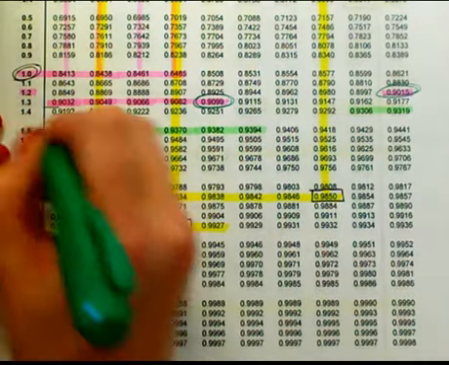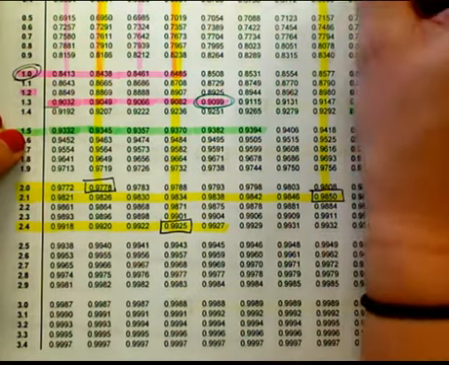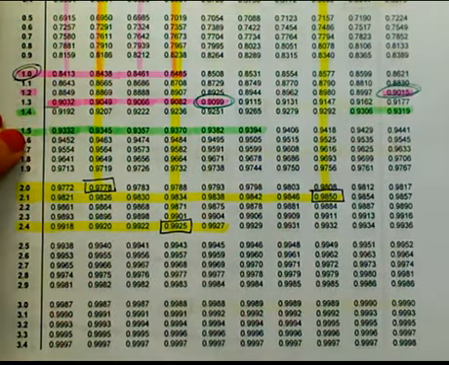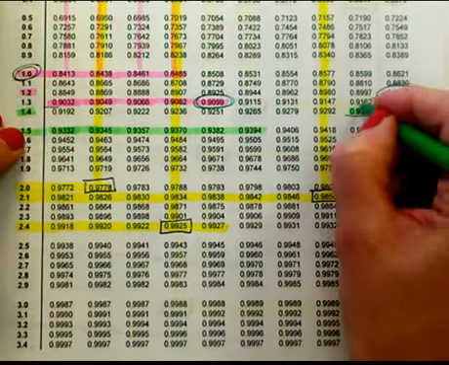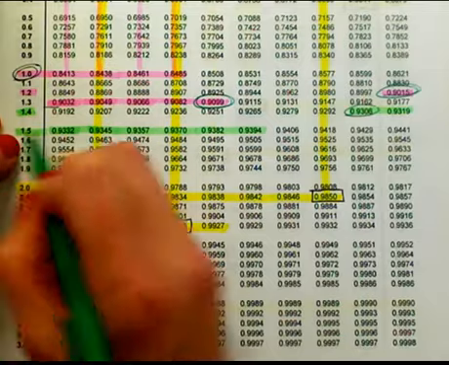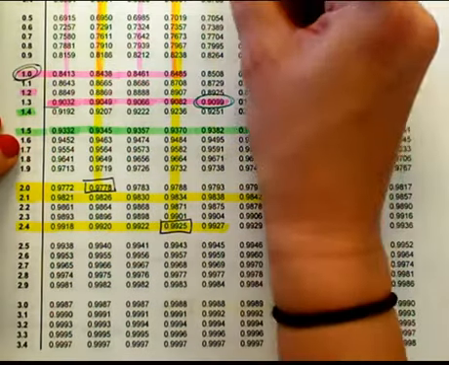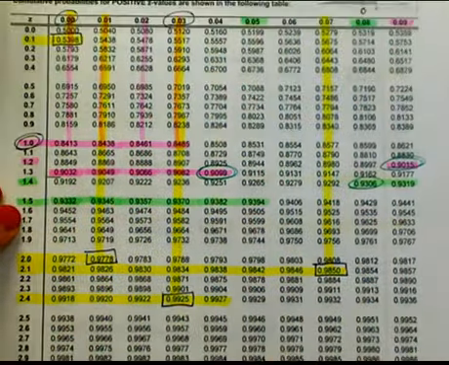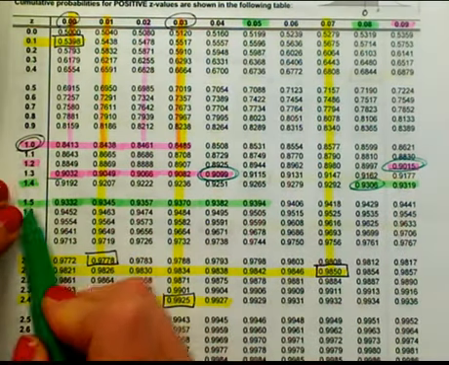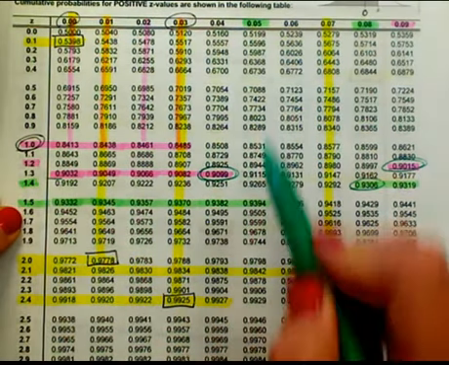Okay, here we go. 1.48, 1.55. So z-min is 1.48, z-max is 1.55.